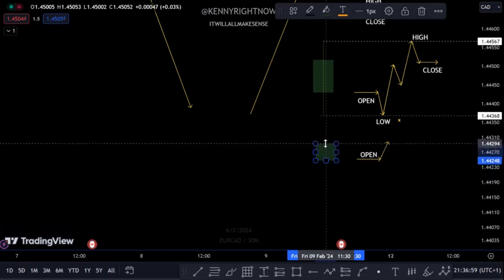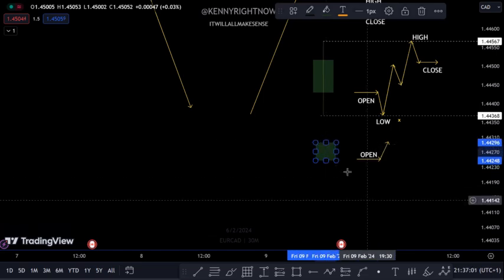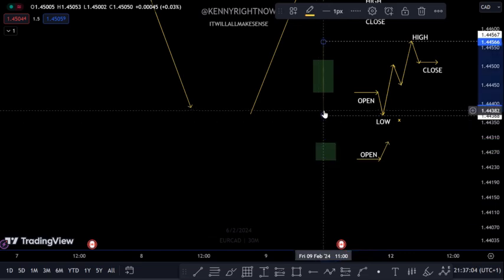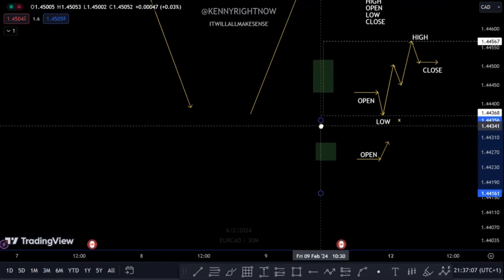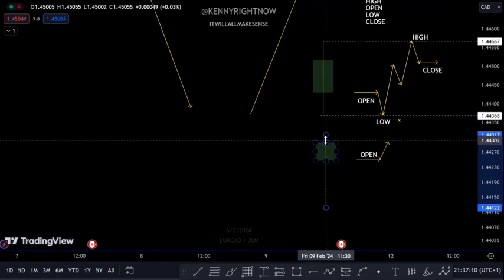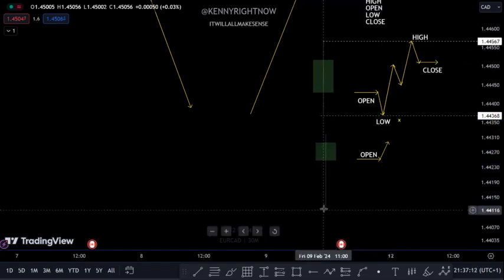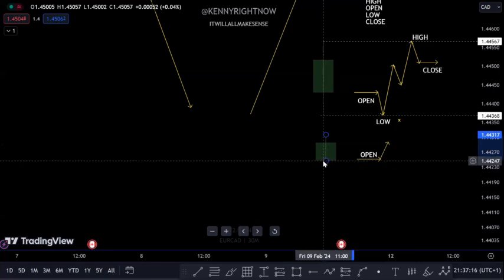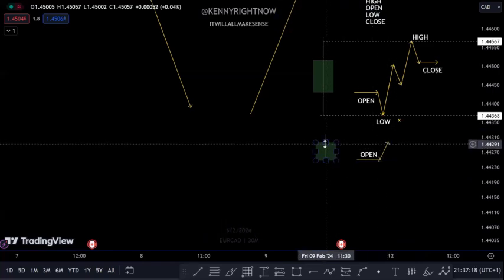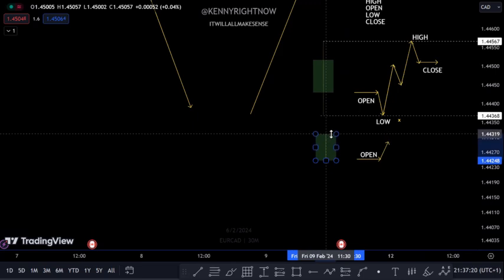This is the highest price got to right here. And since it's the highest, we are going to mark that as what? Our high. This is the highest price got to right here. Now it's a full bullish candle.